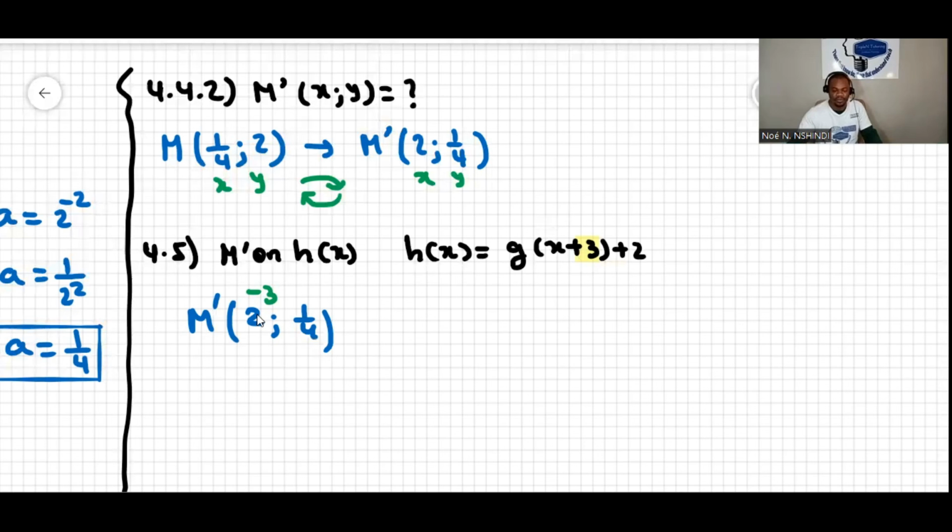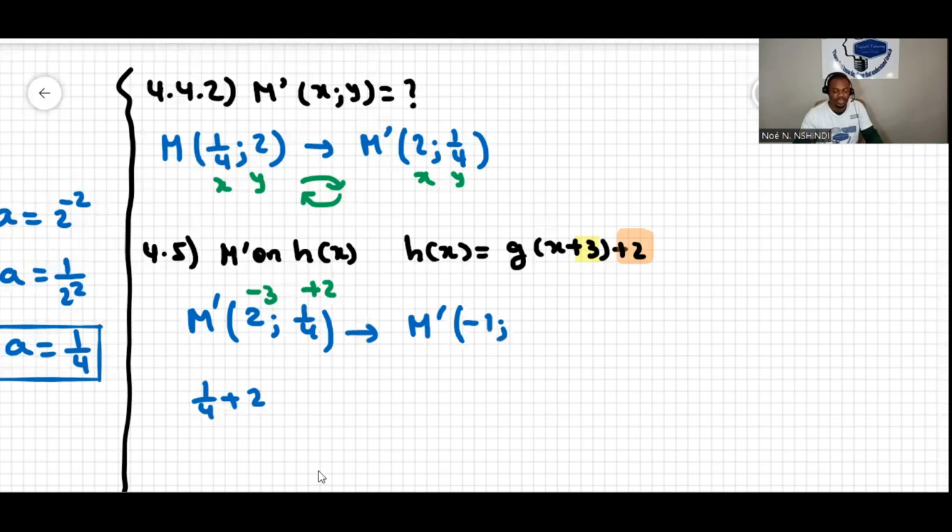So we're going to minus 3 over here. Then when we see another scalar here, number 2, plus 2 here, this is what you call the vertical shift. The same graph of G is shifted 2 units upward. So when upward, we're going to add 2 there. Therefore, the new point M prime will be 2 minus 3 is -1, and then a quarter plus 2.